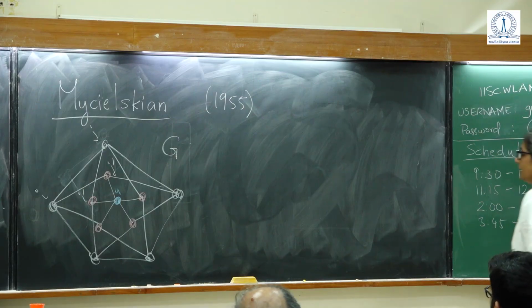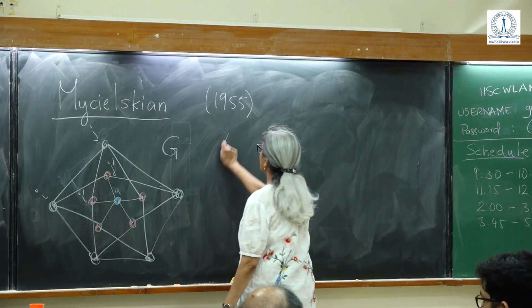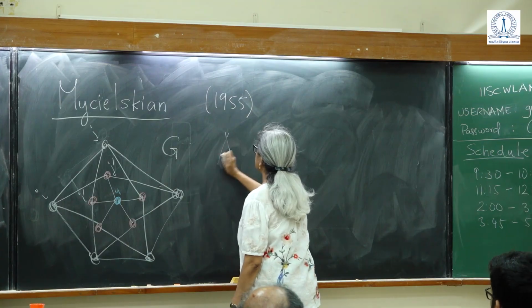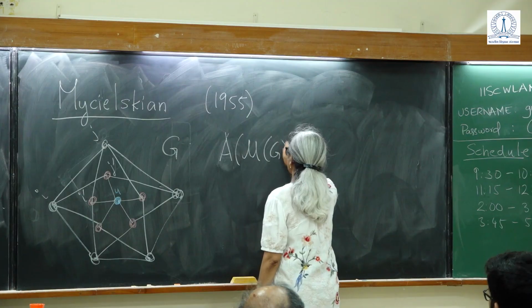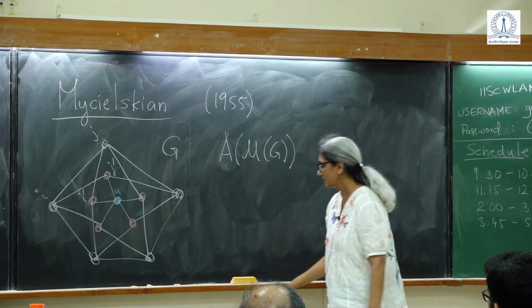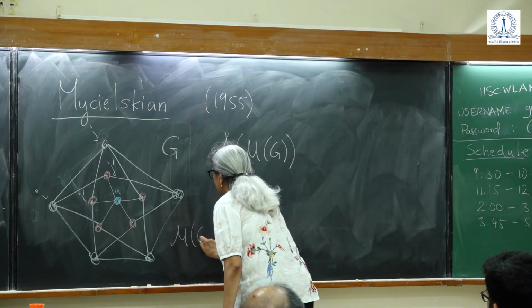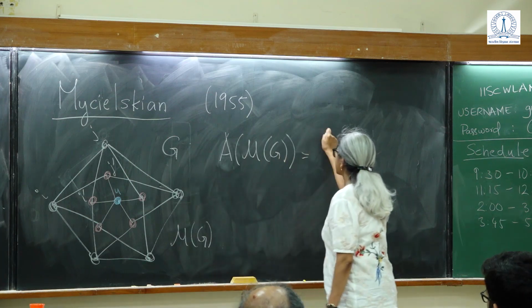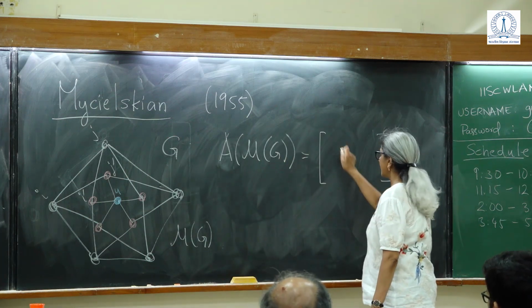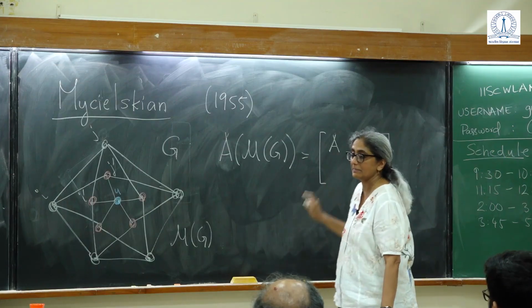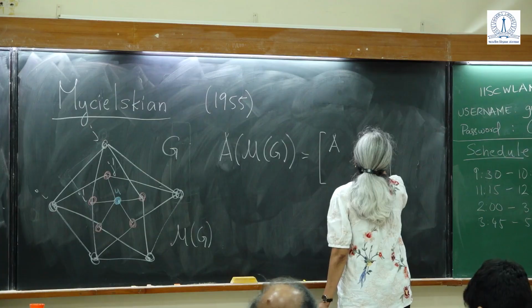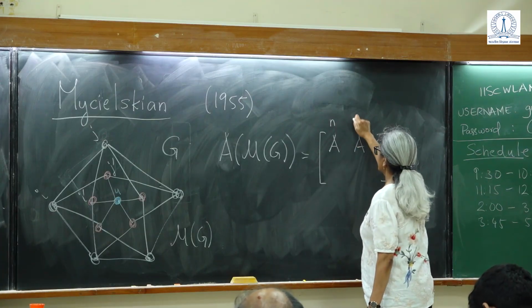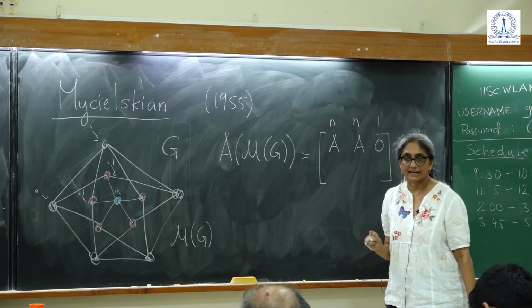Good? So in this example, it's nice to work with the adjacency matrix. So the adjacency matrix of the Mycielskian of G, this is my notation for the Mycielskian. So what we just constructed is the Mycielskian of G. This has this nice form, okay? So this looks like A, the adjacency matrix of the original graph, then another A, and then a 0. This is n vertices, and then one vertex.